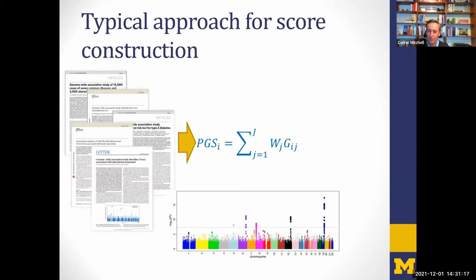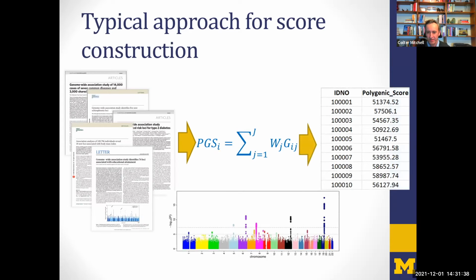We take that GWAS and we sum together a weighted version of the score for the entire genome. Each person gets a score that's essentially a predictive score of the probability of, say, being taller or having a certain disease.